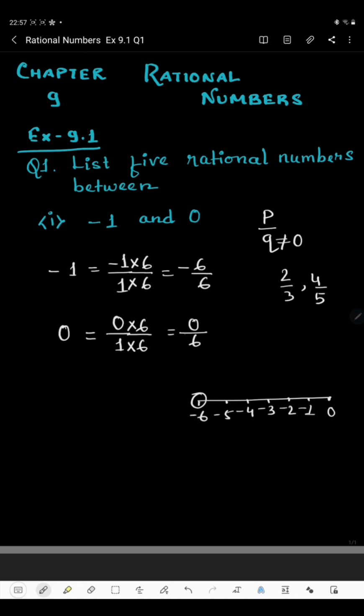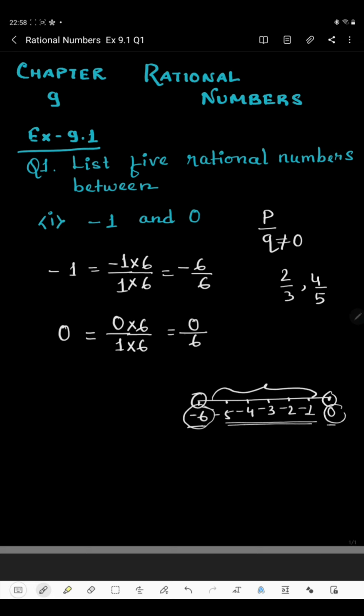So here is -6 and here is 0, and whatever numbers are in between, that we will have to write, because the question asks us to write 5 rational numbers between -1 and 0. This -1 I have expressed as -6 by 6. So we will have to write the numbers in between these two. What are the numbers coming in between?